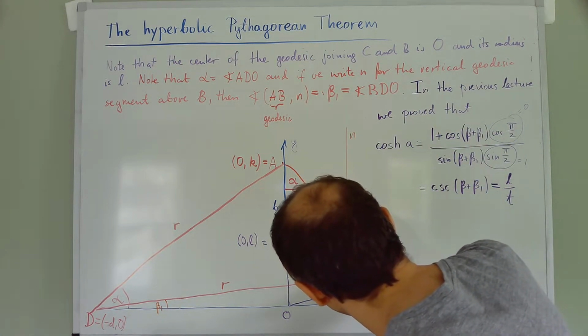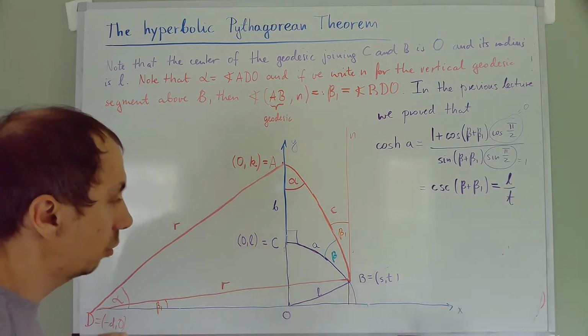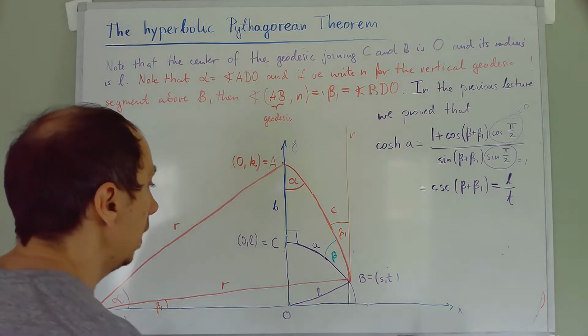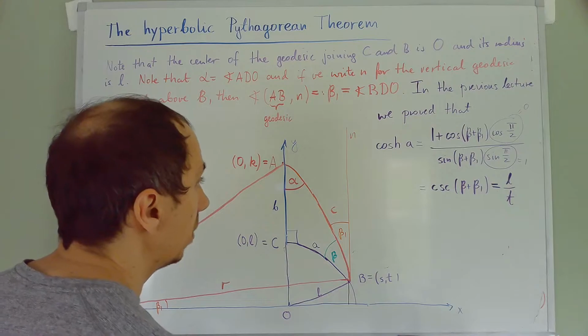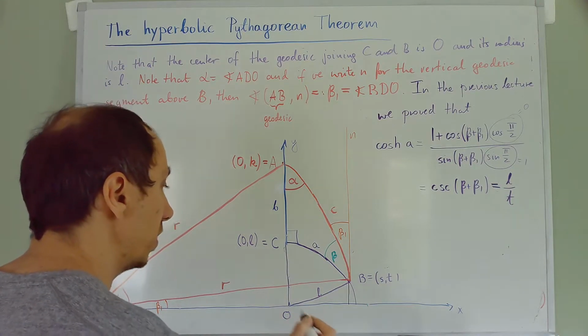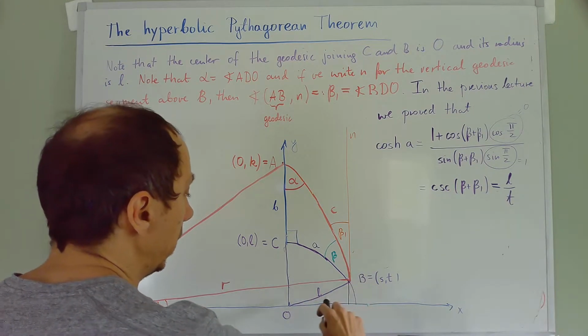We're looking at this right triangle here, and we're looking at cosecant of beta plus beta 1, in other words 1 over sine of beta plus beta 1.